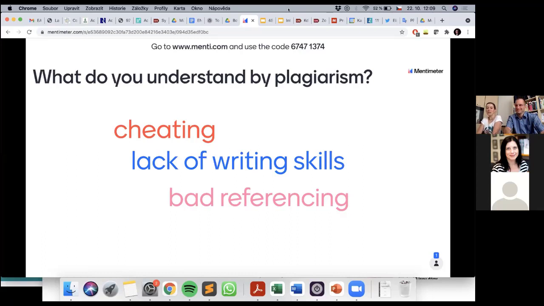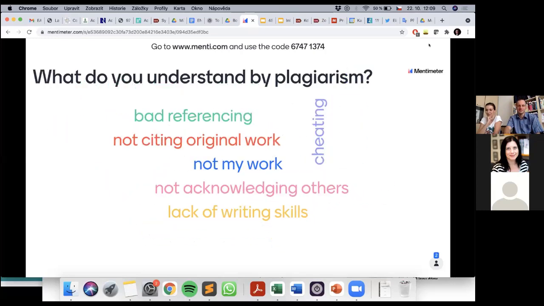I can see somebody is joining, and we have the first definitions. Great, more people are answering.